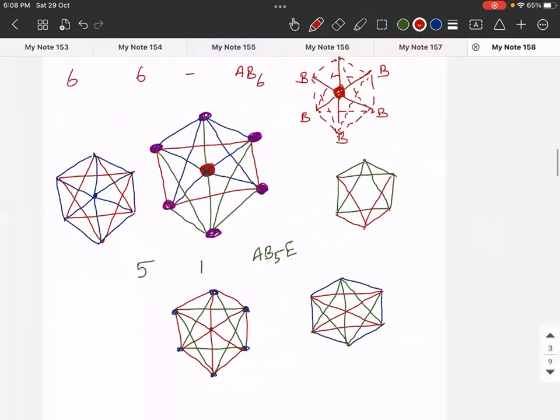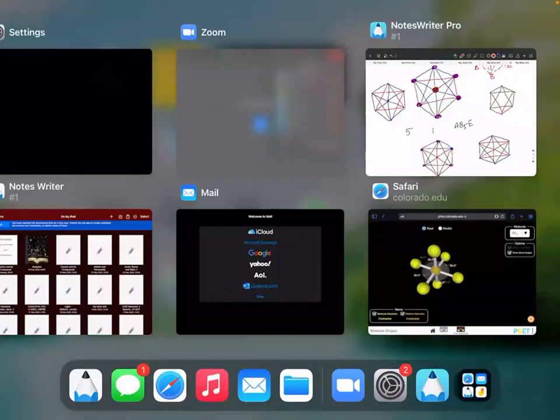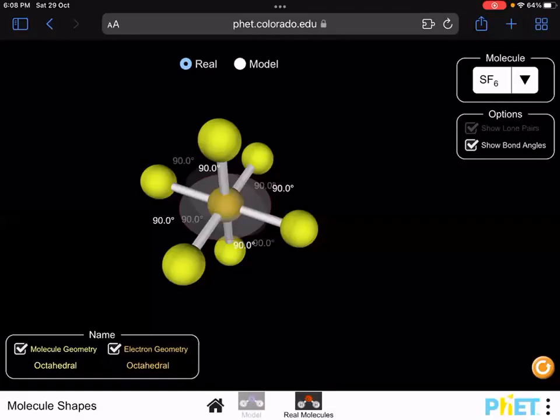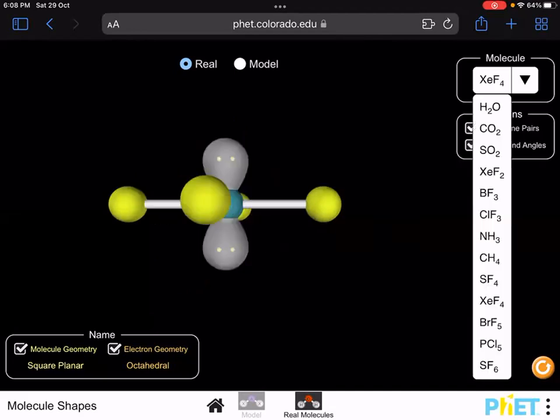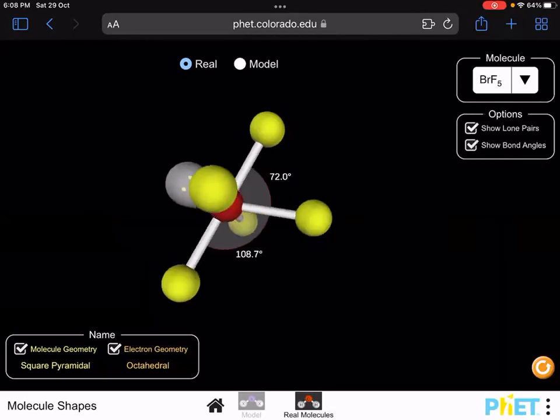So now if you have 5, what will be the shape? So look here.